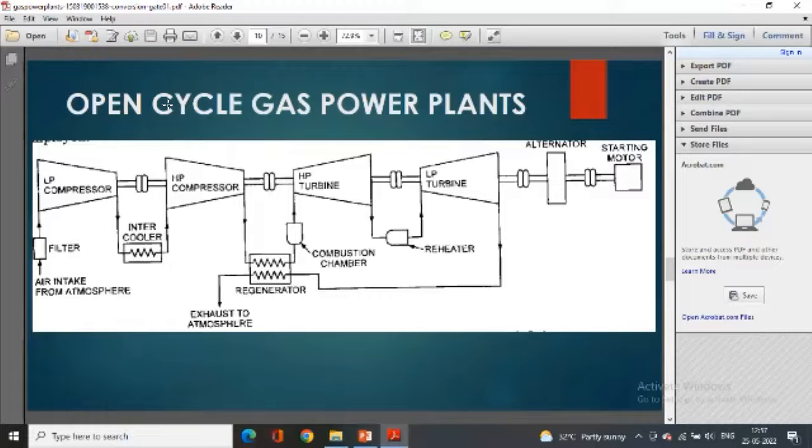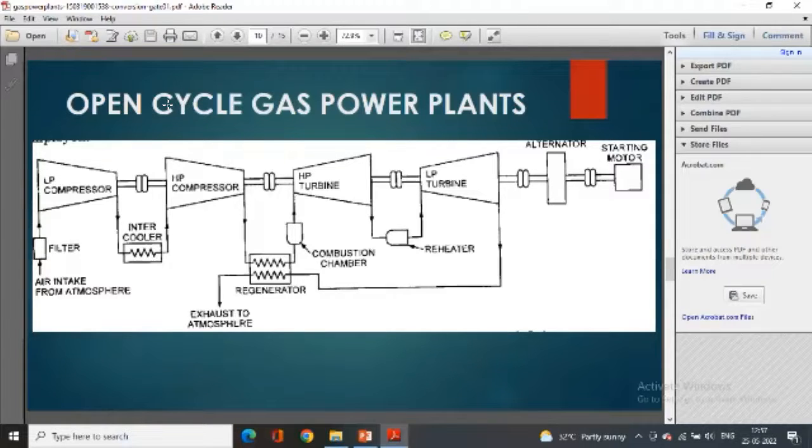This compressed air passes to the regenerator, and the output of the regenerator goes to the combustion chamber. In that, the air and fuel mixture is combusted, and the gas output goes to the high pressure turbine.